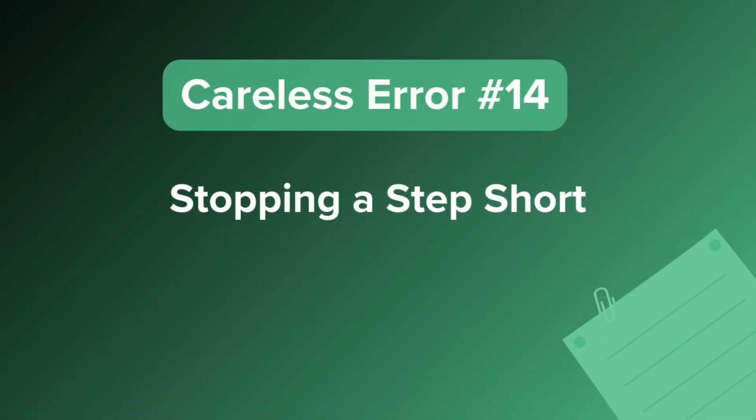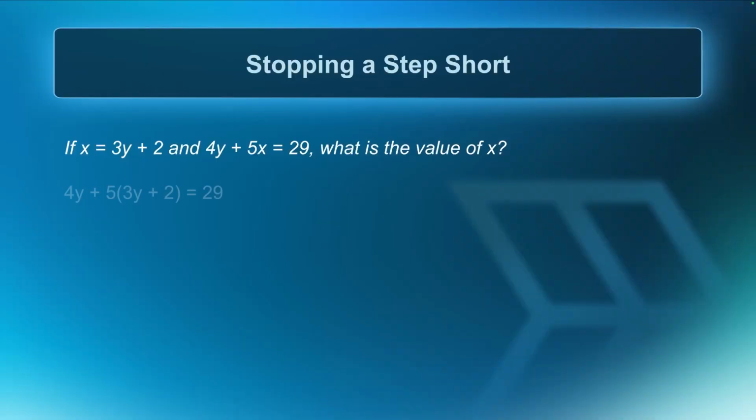Next up is stopping a step short. This one is insidious. Test takers get so excited that they've solved for something that they don't realize that what they have in front of them is actually an intermediate solution and not what the question's asking for. Usually when this happens, they're just one step off from the correct answer.